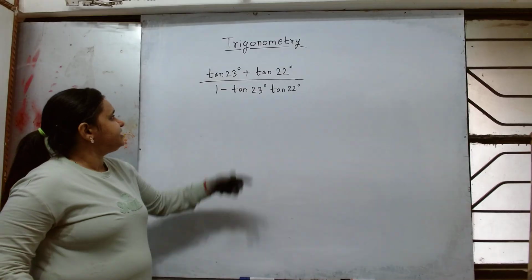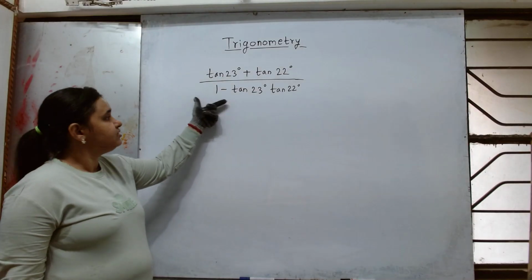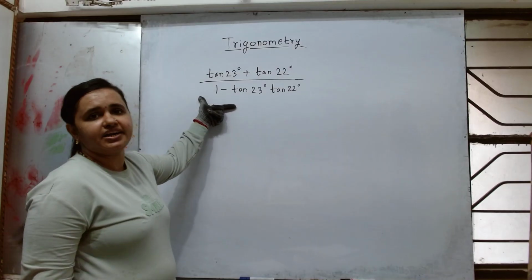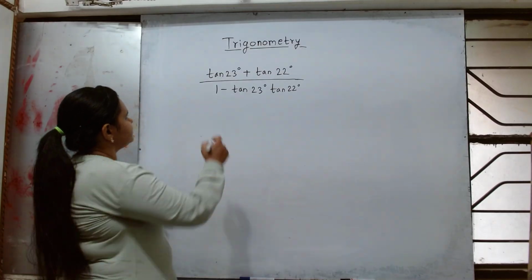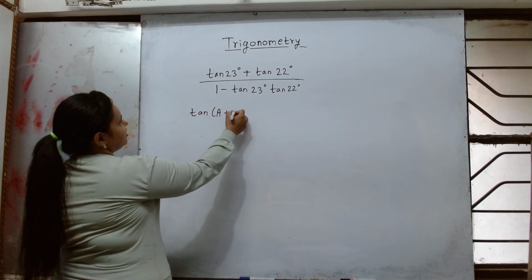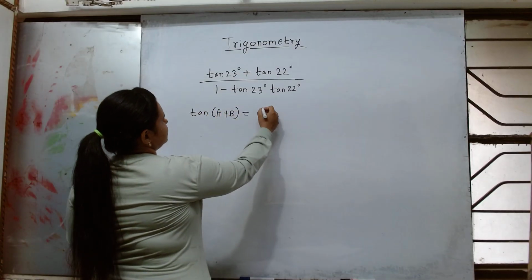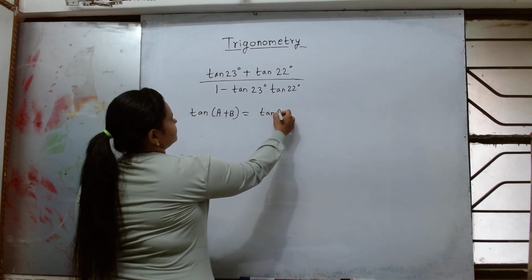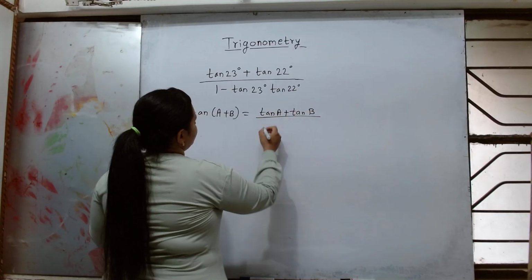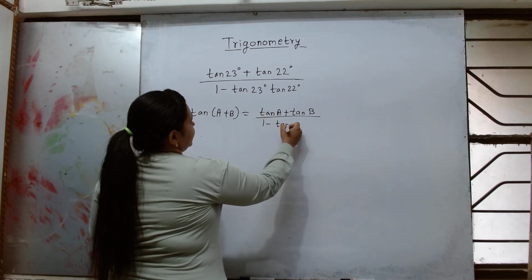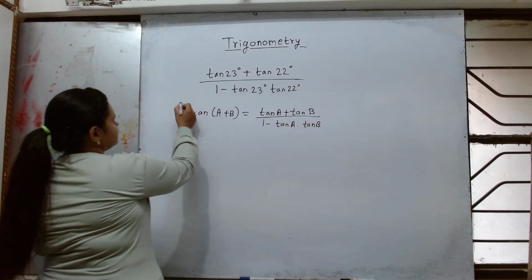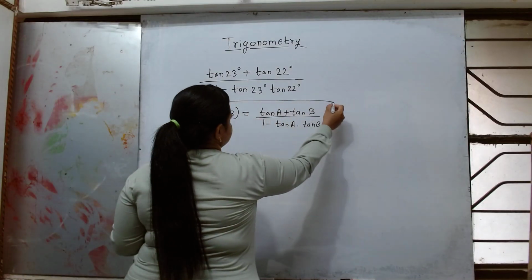It is again a formula that we wrote at the start of the lecture. It is the tan of A plus B formula. What was that? Tan A plus tan B upon 1 minus tan A into tan B. This was the formula.